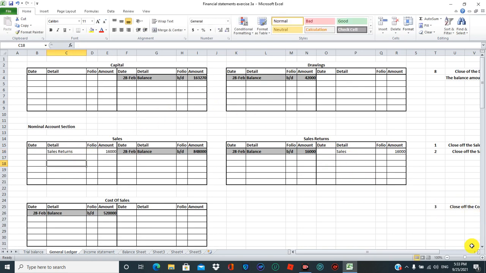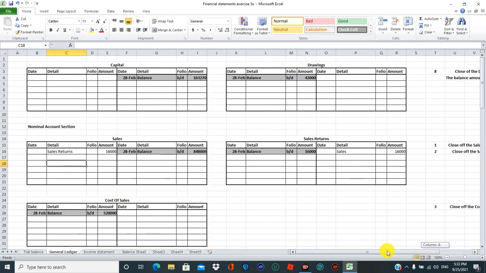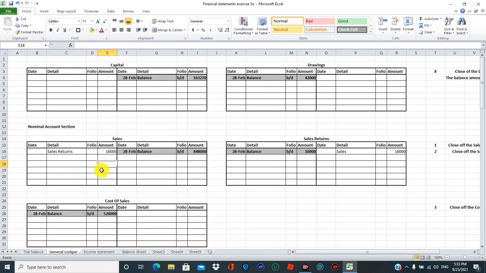Okay, so what is step number 2? Closing off the sales account against the trading account. In order to do that, you just need to balance it. So from what we see here, I'm just going to make those two blocked off because that will be my totals. We've got 16,000 on this side, 84,800.